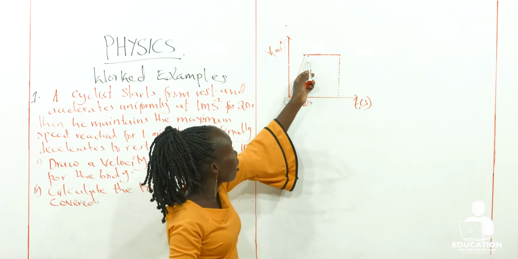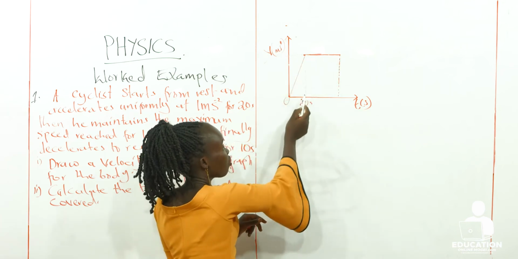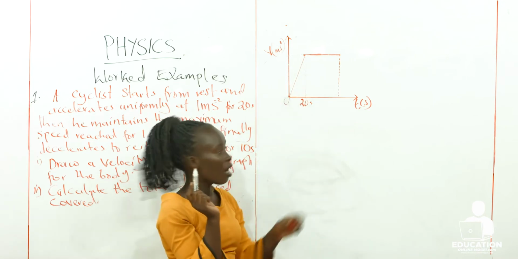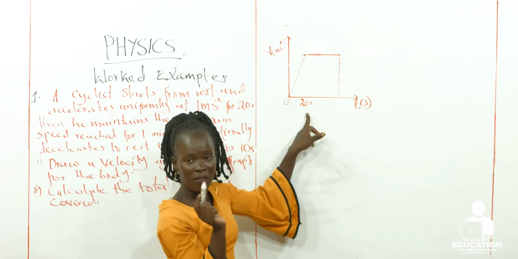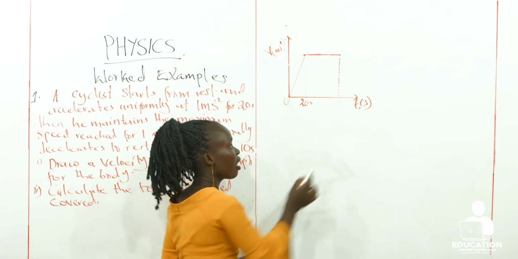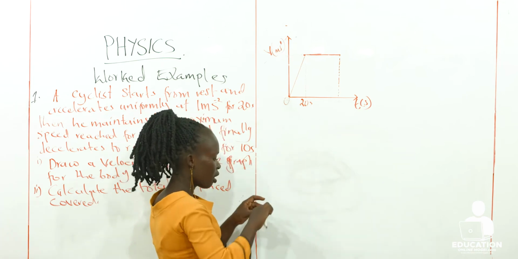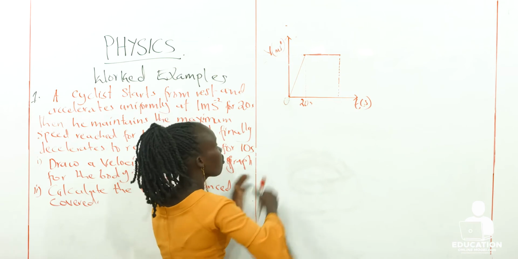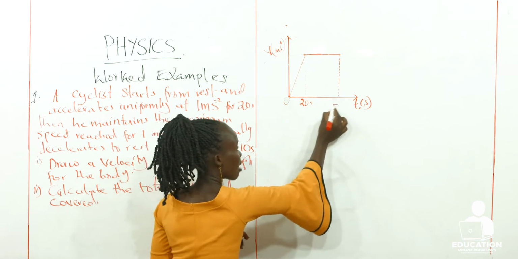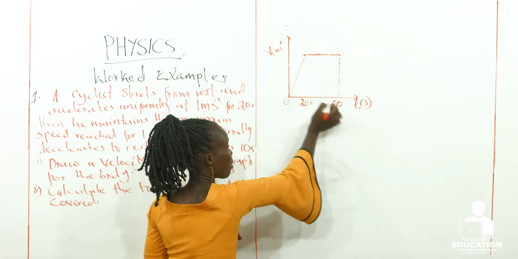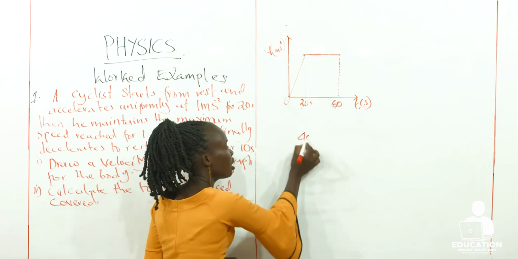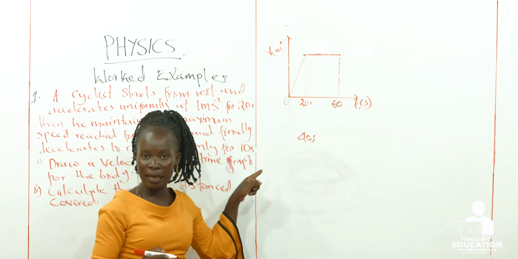Only this part, because if you pull it up to there, you're going to cover this distance also, with a time frame which is not the thing. So if you just wrote 60 here, to get the time the cyclist moved from this point to that point, you're going to get 60 minus 20. And that will give you 40 seconds instead of 60 seconds.